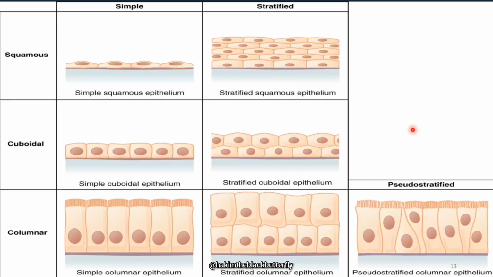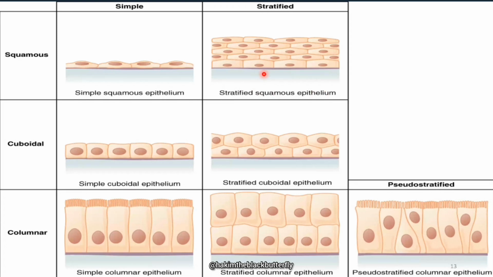For example, we have what we call simple squamous. This is a tissue with only one layer of cells, cells that are thin and flattened. Simple cuboidal, single layer of cube-shaped cells. Simple columnar, single layer of column-like cells.